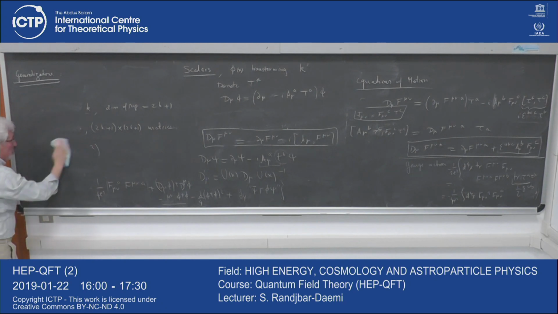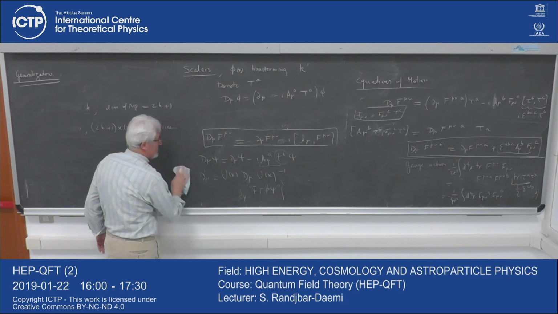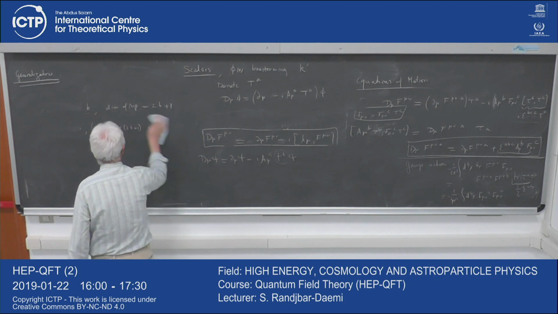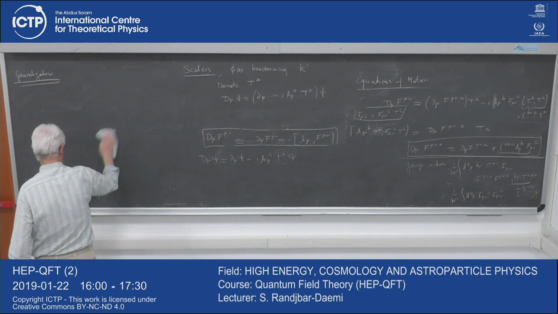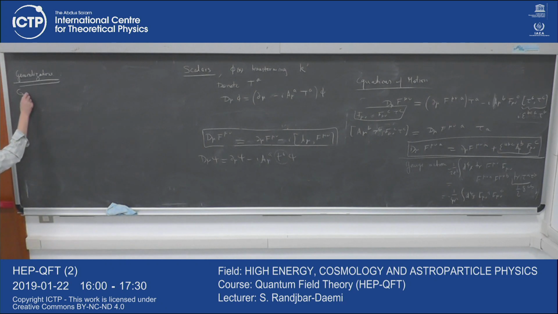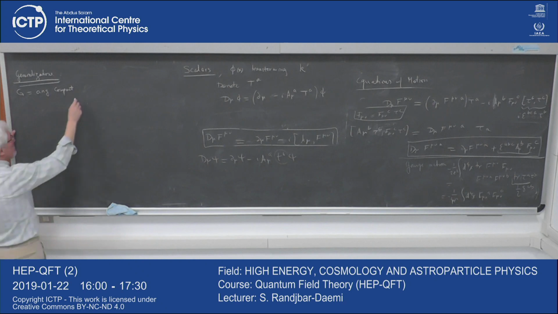Now we want to go to arbitrary groups, not just SU(2), which we were playing with so far. We want to go to some other group. So G is any compact Lie group.